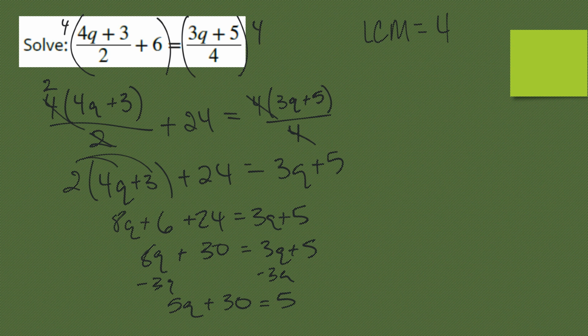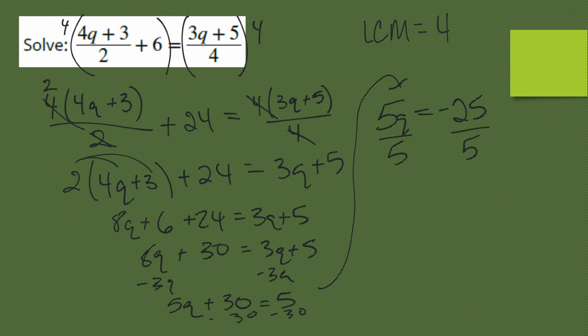If I'm going too fast for you guys, just pause the video. Take a breath if you need to. Take away 30. And I'm going to bring that over here. That's going to give me 5q equals negative 25. Okay? And then from there, just divide by 5. q is equal to negative 5.